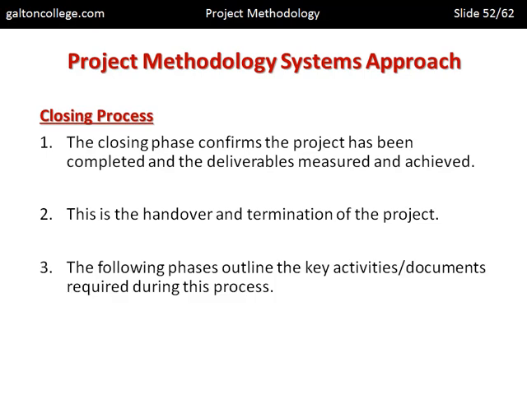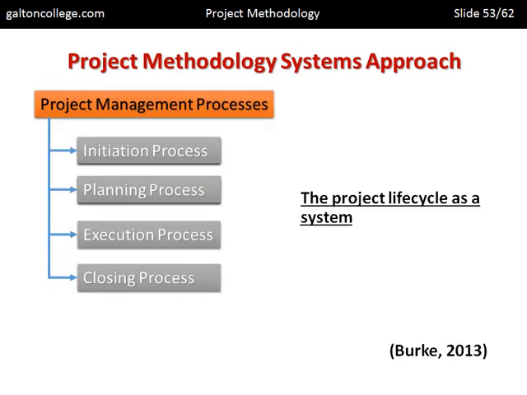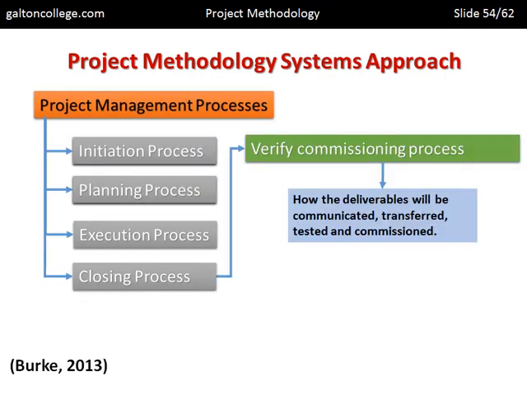The following phases outline the key activities and documents required during the process. So in the closing phase, well, verify commissioning process. How the deliverables will be communicated, transferred, tested and commissioned. So the closing phase is when the output, the deliverables, will be communicated.